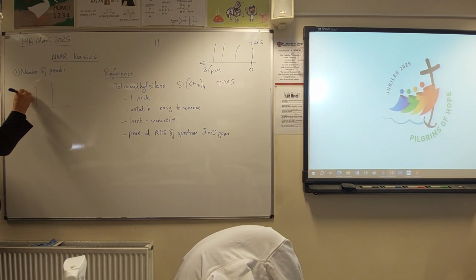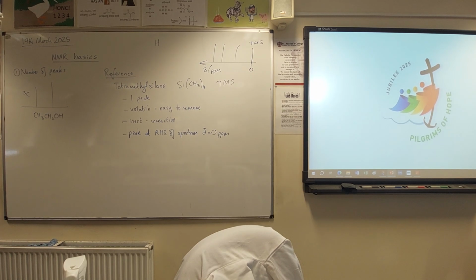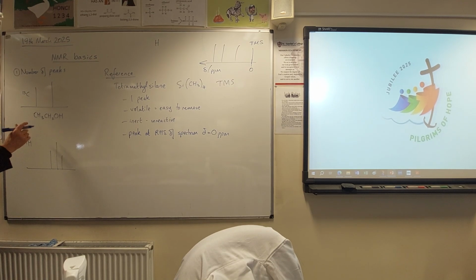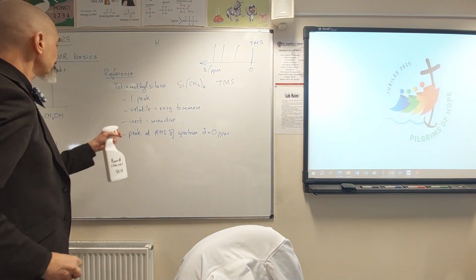So the carbon-13 NMR for ethanol would show 2 peaks, because there are only 2 unique chemical environments in ethanol for carbon. For proton NMR, you would see 3 peaks, because you've got 1, 2, 3 different types of proton. We'll come back to the proton NMR for ethanol in a bit more detail in a minute.